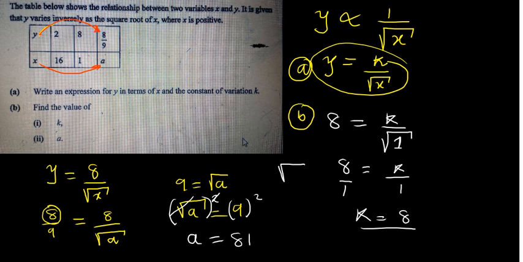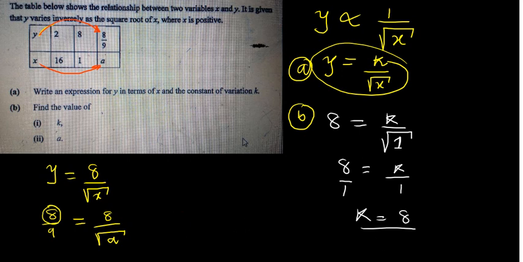Apart from this method, you could also cross multiply. You are going to say 9 times 8, but don't write the value. You are going to say 8 times root a, so that is 8 root a, equal to 9 times 8. I'll not get a value, and then I'm going to divide both sides by 8.